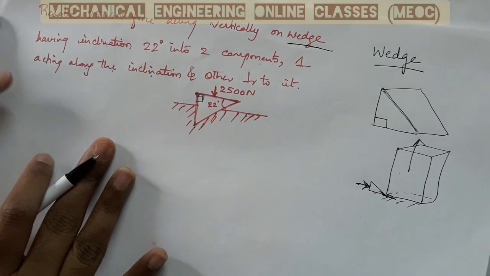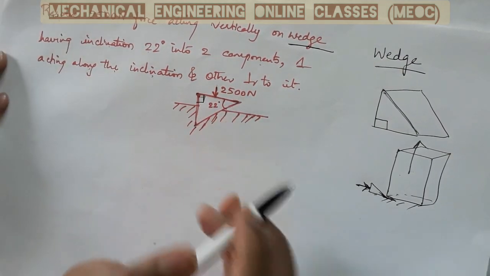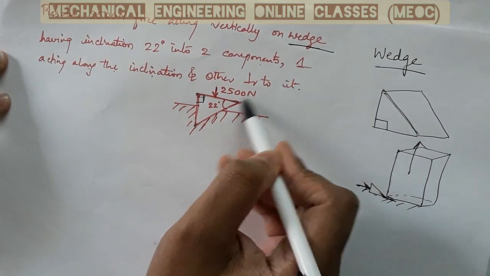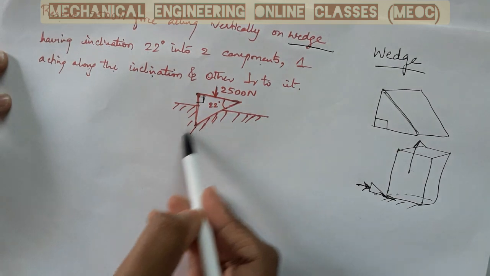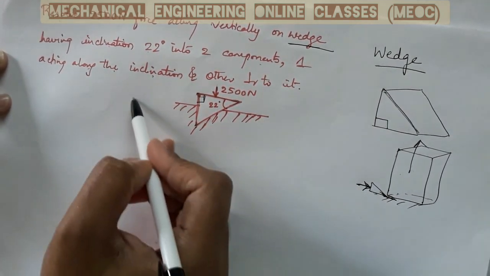Now we have to resolve this 2500 Newton force into two components. One component should be taken along the inclination; here the only inclination is this line. Another component is perpendicular to the inclination.